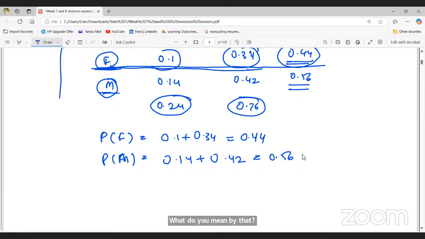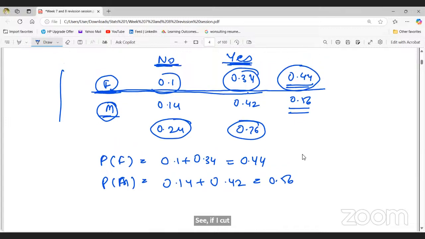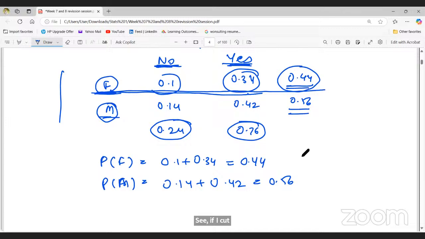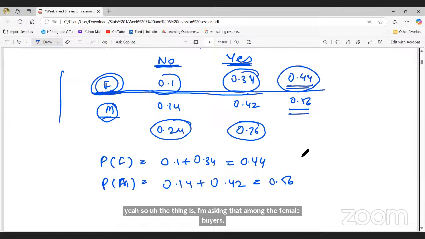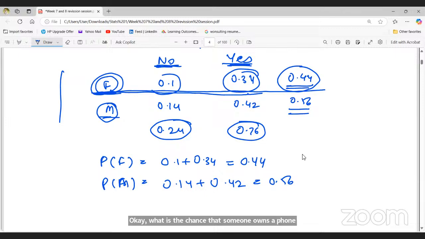Like, for a case, if I'm considering the female buyers, among the female buyers, what is the chance that someone owns a phone? Got it? 0.34.